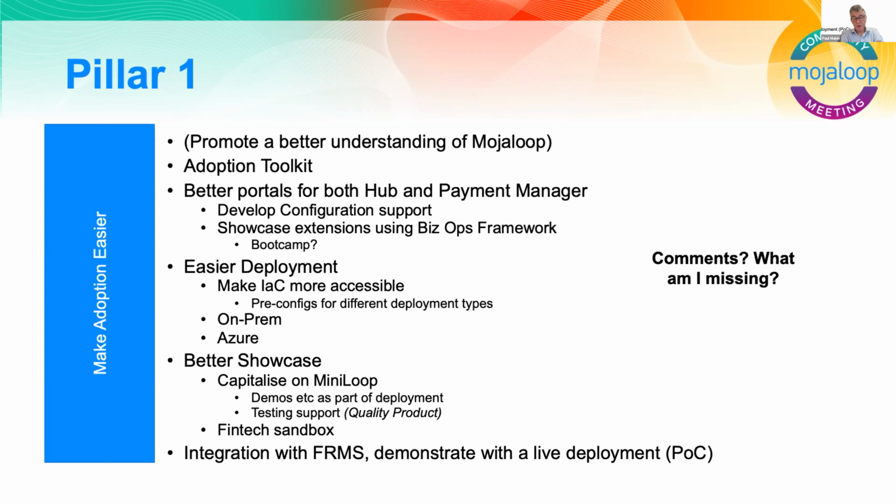It will need to talk about technicalities, but it needs to talk about business, regulation, scheme rules, all of this stuff. And we need that because Steve and I often talk to people who think they would like a Mojaloop hub, but they really have no idea on how to get to that point. So that's high on the priority list for Pillar 1.